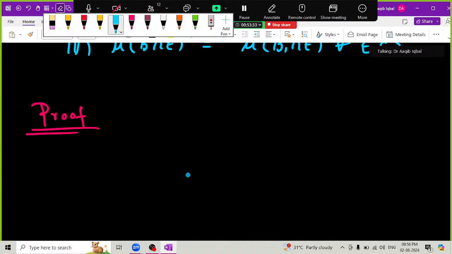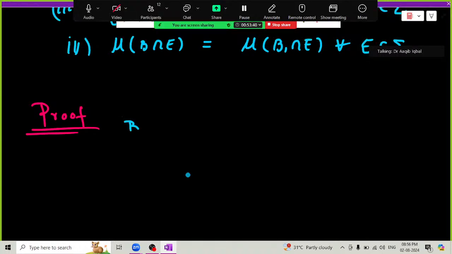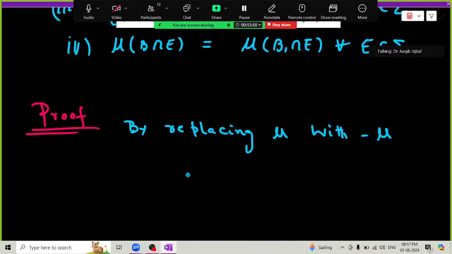मैं ये लिख रहा हूँ. By replacing mu with minus mu, लेकिन ये होगा SOS, अगर ज़रूरत पड़े तो.